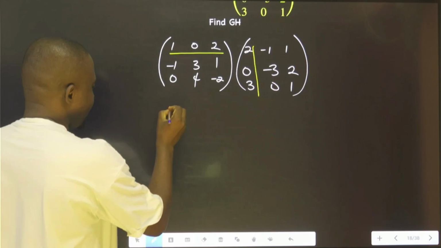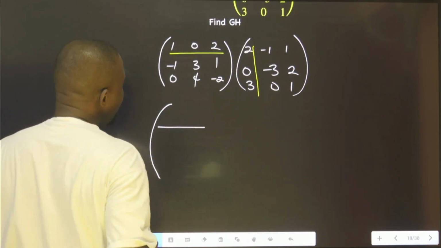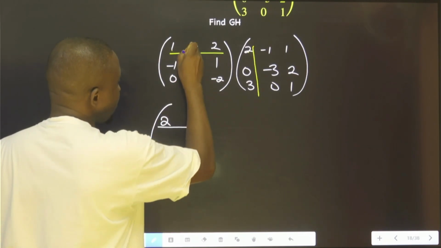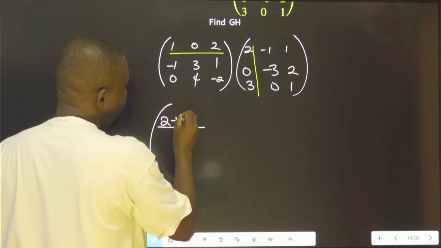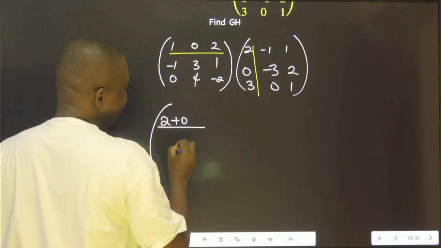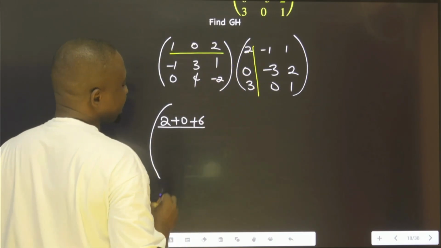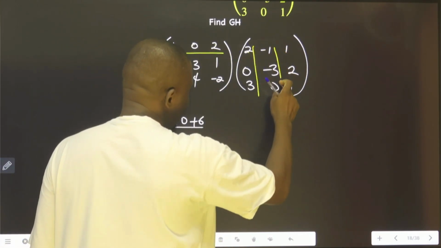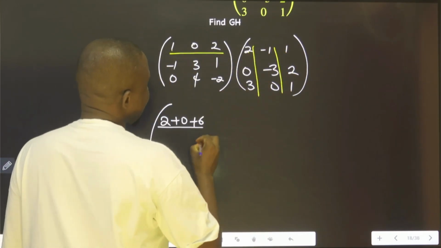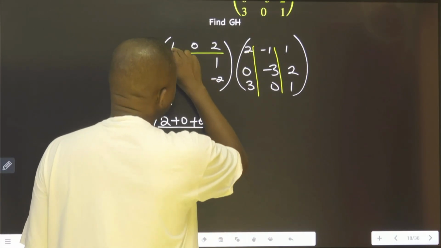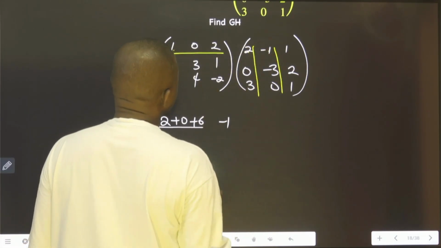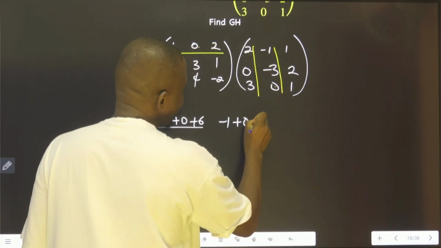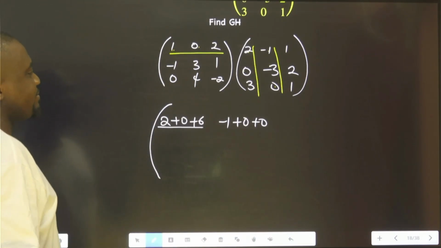For this first position, 1 multiplied by 2 is 2, 0 multiplied by 0 is 0, 2 multiplied by 3 is 6. Then we go for the second one. This again multiplied by this. That is to say, 1 multiplied by minus 1 is minus 1. 0 multiplied by this is plus 0. 2 multiplied by this is plus 0 again.